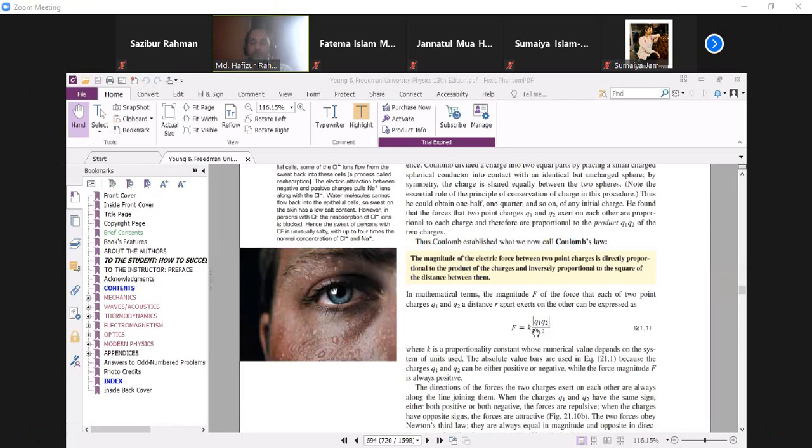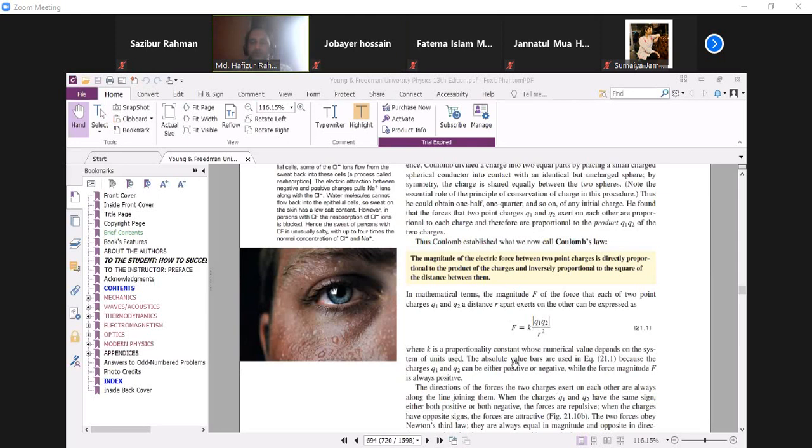The product of two charges may be negative because if one charge is positive and another is negative, then the product will be negative. But since the force is always positive, that is why modulus sign is given. Modulus, you know that if the value is negative, then modulus will make it positive. Modulus of Q1 Q2 means that this value will be always positive.